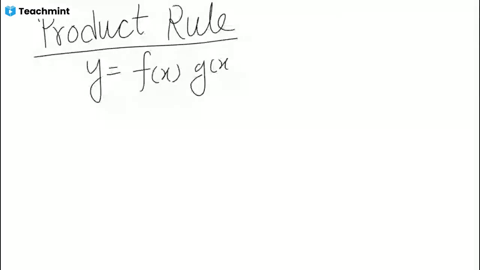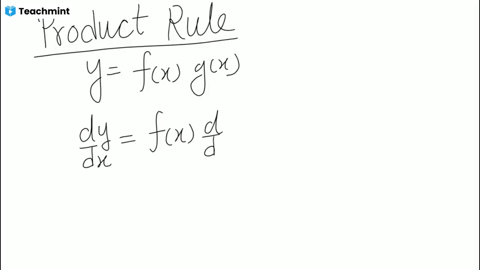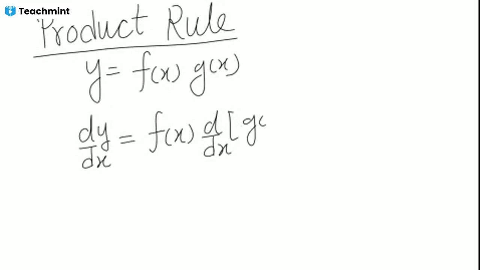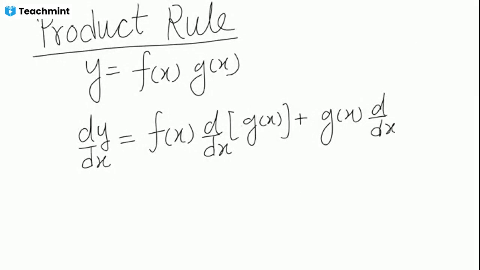We have a product of two functions. Then the derivative dy over dx will be: write down the first function into the derivative of the second function, plus the second function into the derivative of the first function. You remember now?